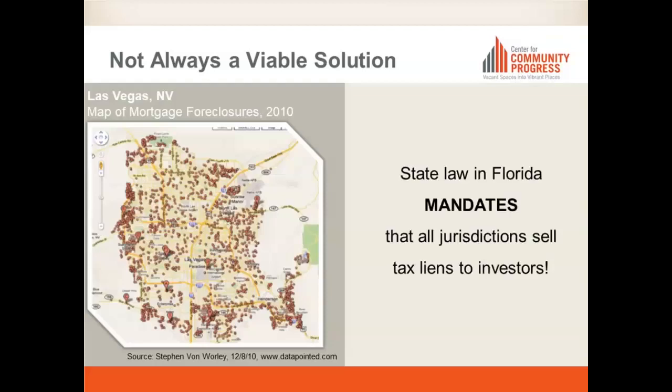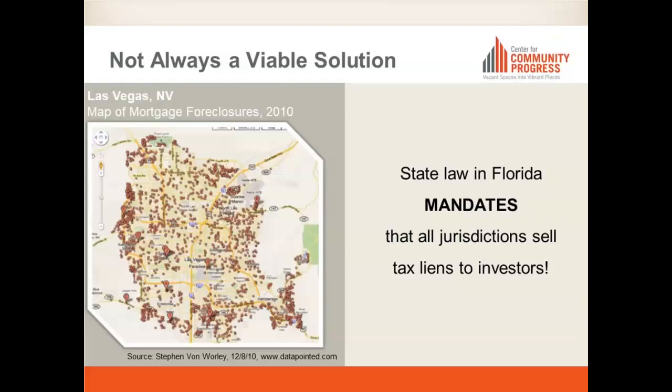A second place is Florida, and we've done quite a bit of work in Florida, in Fort Myers, Jacksonville, Miami, and Miami Gardens, either technical assistance or having conversations, and the common response is, we really could use a land bank. Well, state law in Florida mandates that all local jurisdictions sell tax liens to investors.